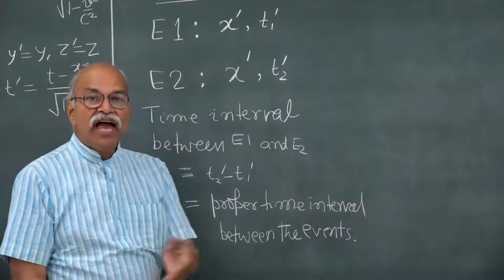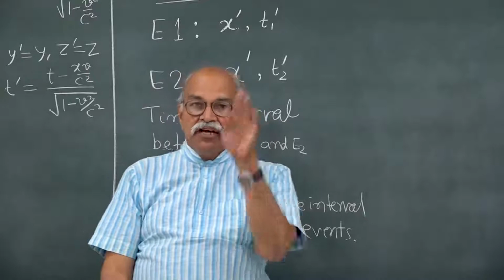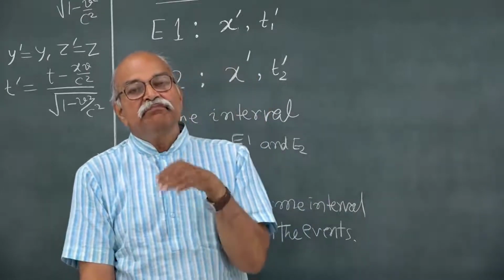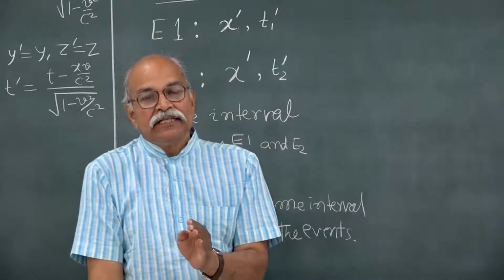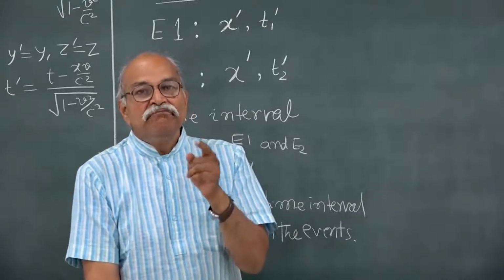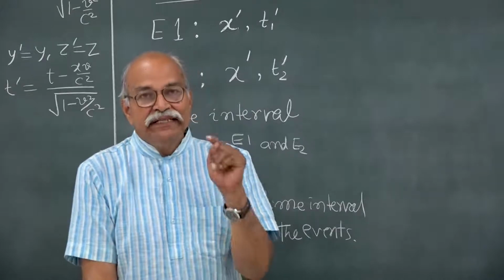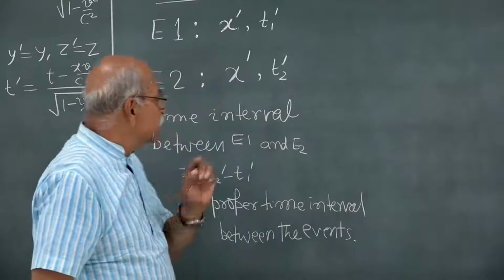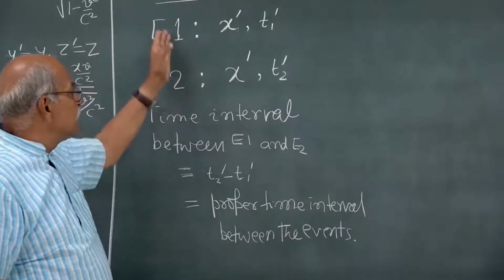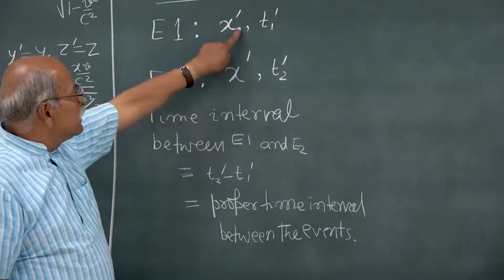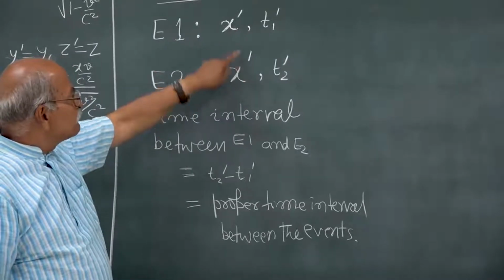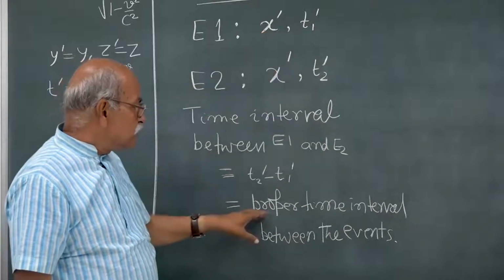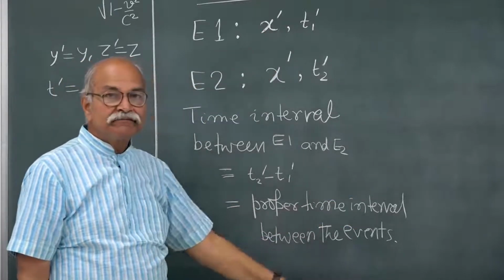So, if you have a frame in which two events are taking place at the same position, then the time interval between those two events is called proper time interval. Here we are taking two events of that kind where they are occurring at the same position, and therefore this time interval which is measured in this frame is called proper time interval.